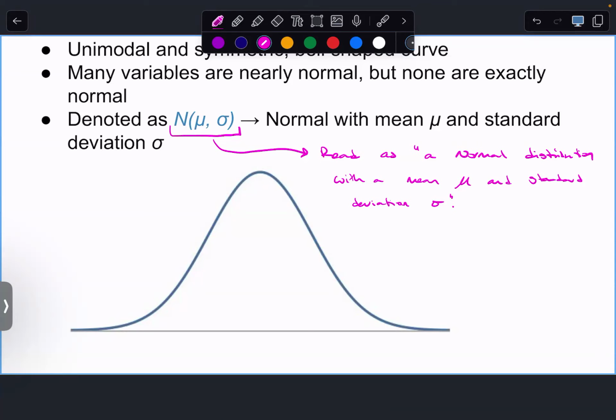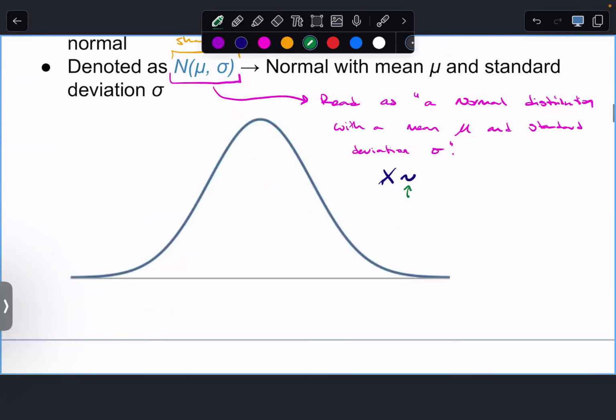So here, well, one, it's a tilde, but you're going to read it as follows. Normal distribution with a mean mu and a standard deviation sigma. So X follows a normal distribution with a mean mu and a standard deviation sigma is how you would read that. Okay.